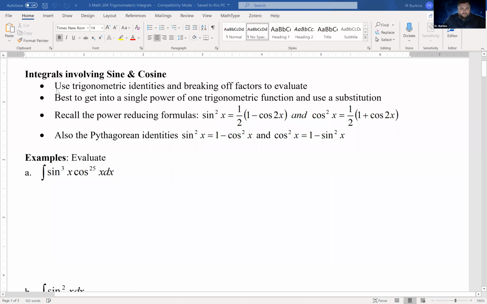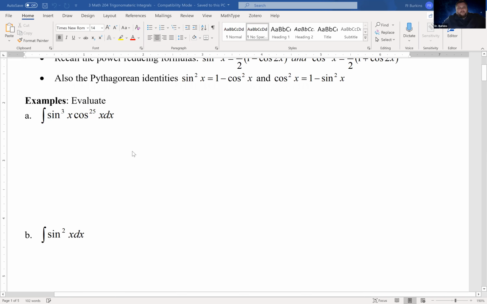Notice the first bullet here says breaking off factors to evaluate. It says best to get a single power of one trig function and use a substitution. That one single power is the one that we will use for our du. Let me demonstrate here with the first problem.